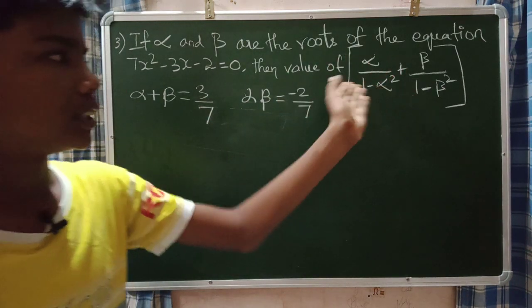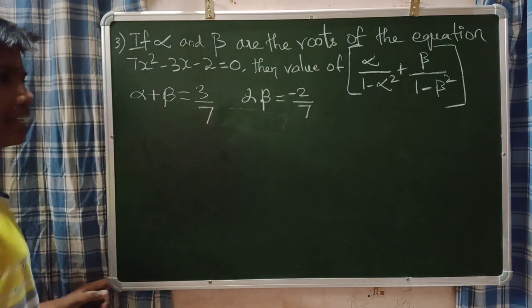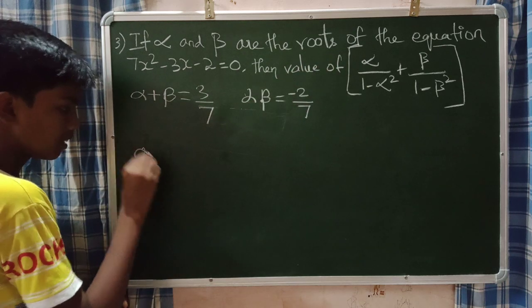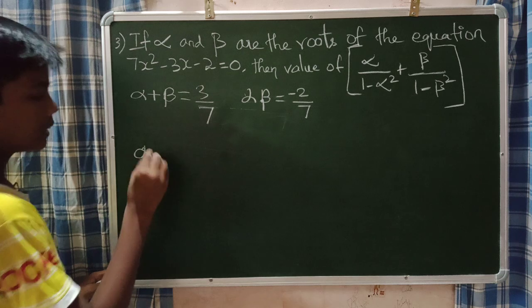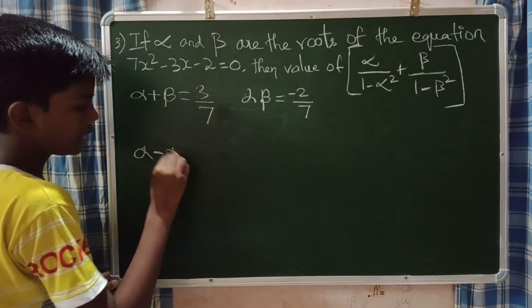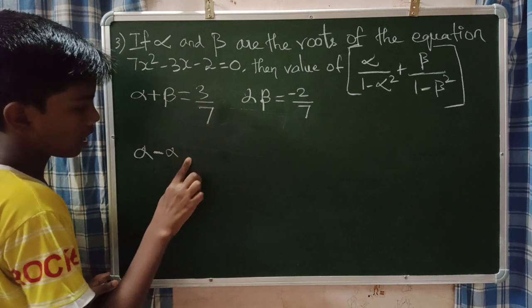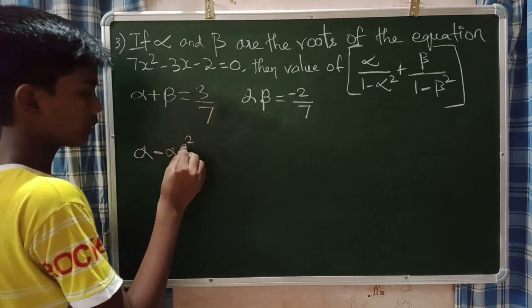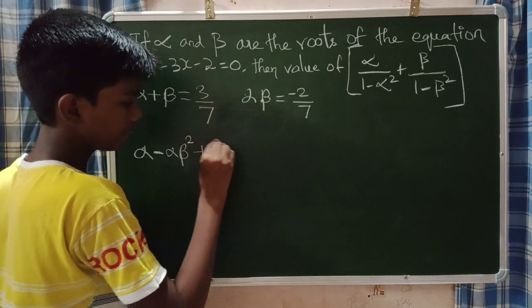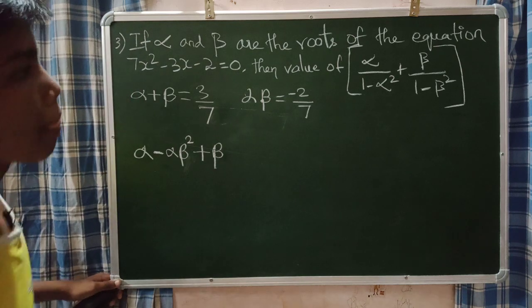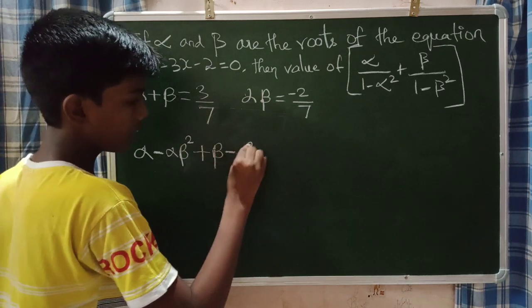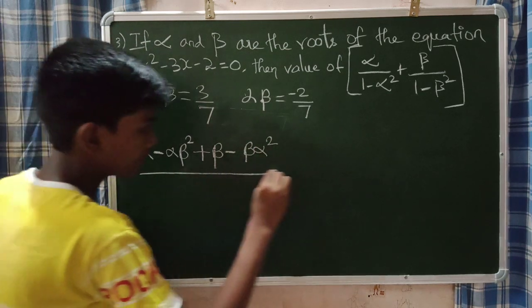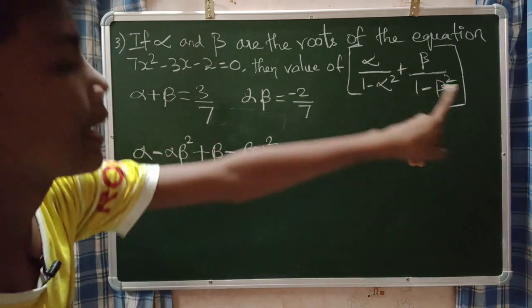That means simplify this value by finding the LCM. When you simplify, what you will be getting is, one minute, I am simplifying that expression: alpha minus alpha beta square, plus beta minus beta alpha square, divided by (1 minus alpha square) into (1 minus beta square).